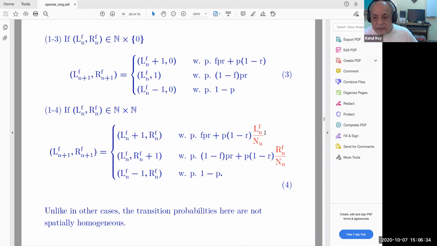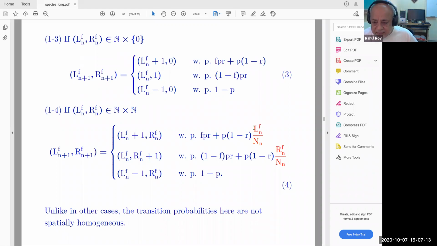And you can see that this is where the non-spatially homogeneous part comes in. Similarly, if something is born to the right, then this is the part where it is a mutant, and this is the part where it is not a mutant. So it just sits on one of the sites already present on the right, and that has probability R_n(F) over N_n. And because we are assuming that L_n(F) is positive, there's a death from the left with probability 1-p.